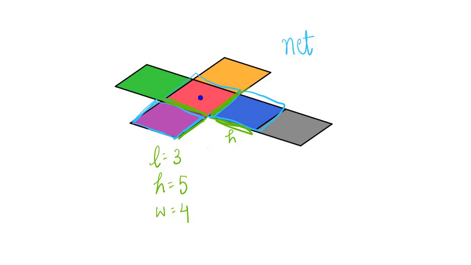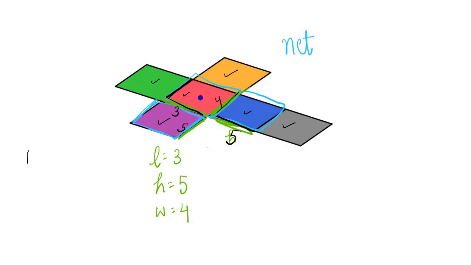So, let's go for it. 3, 5. This is same as this. Now, let's go for this base one. This is width 4 and 3 again. Now this one, this is 4, this is 5. This one and this one is same. This one and this one is same. Nice. Now let's do one by one.